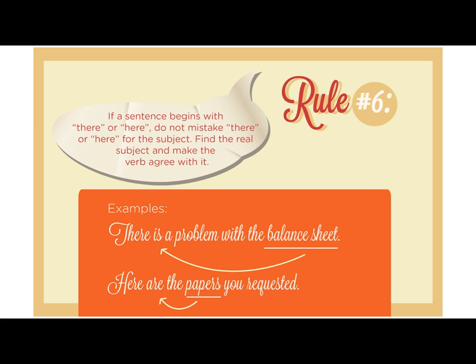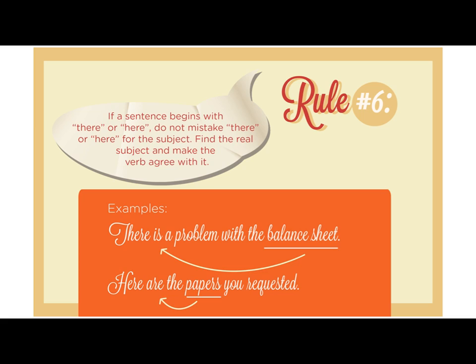Next rule. If a sentence begins with there or here, do not mistake there or here for the subject. Find the real subject and make the verb agree with it. Here you just see the examples. There is a problem with the balance sheet. So, there is not the subject here.